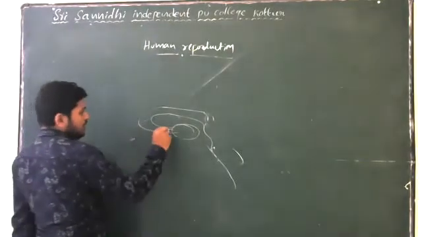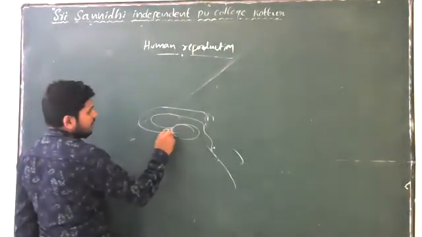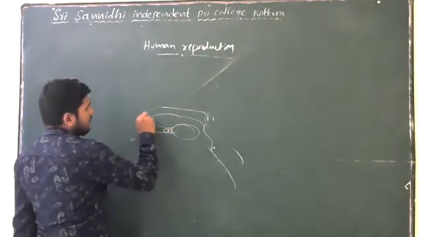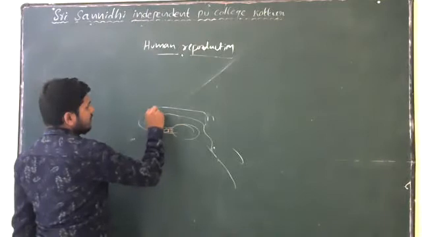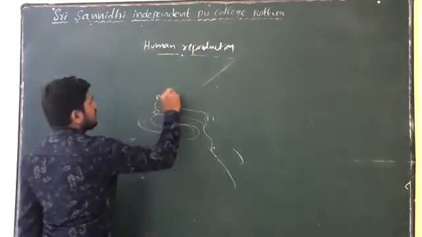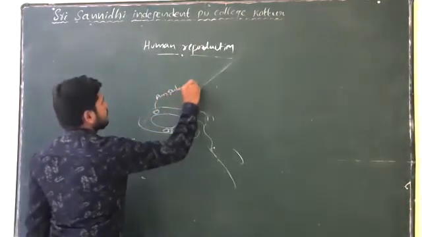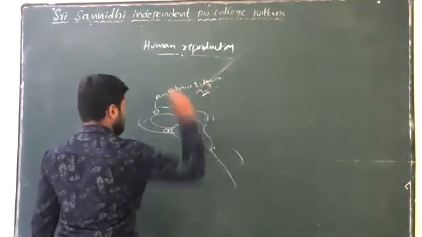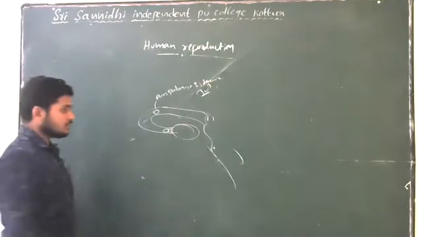Once the ovum is released, it is taken by the infundibulum and transported towards the ampullary isthmic junction, right?